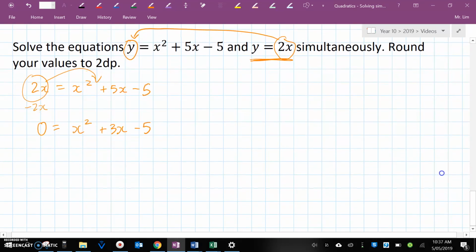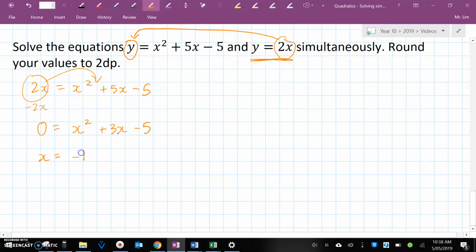Now, it looks like a monic quadratic trinomial, but when we do our cross-cross, we actually can't think of two numbers that multiply to -5 and add to +3. There's no two whole numbers that multiply to -5 and add to +3. Therefore, we need to use the quadratic formula.